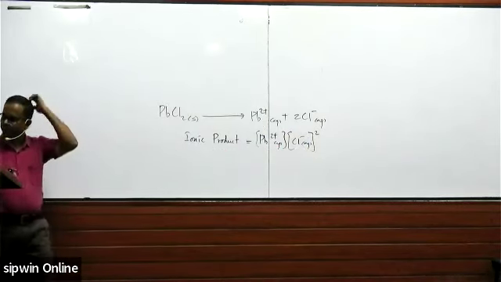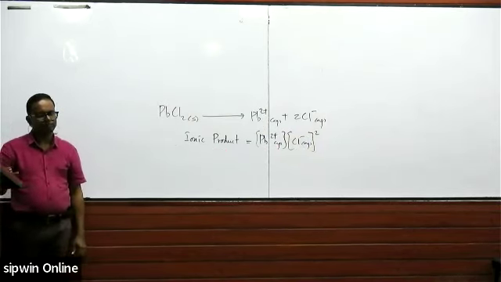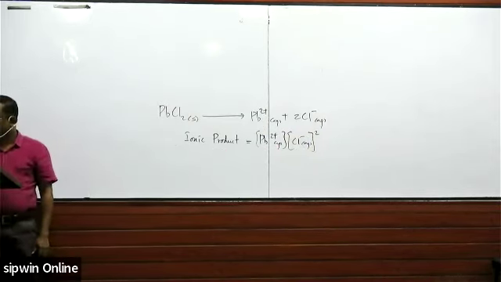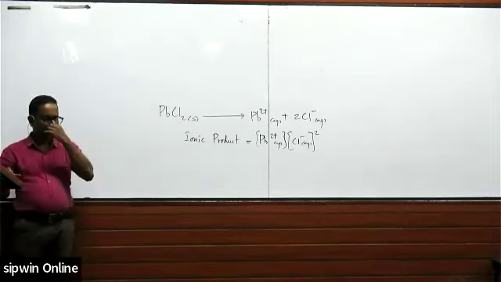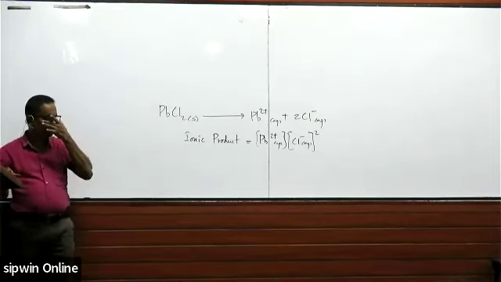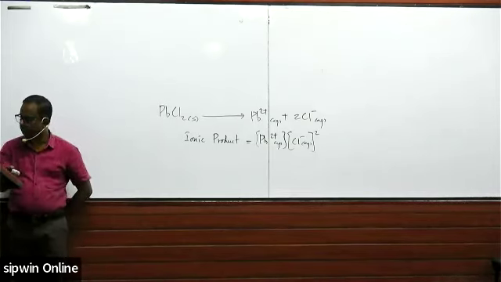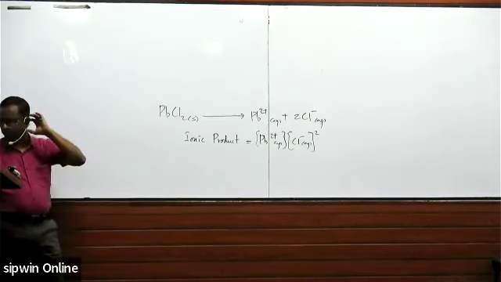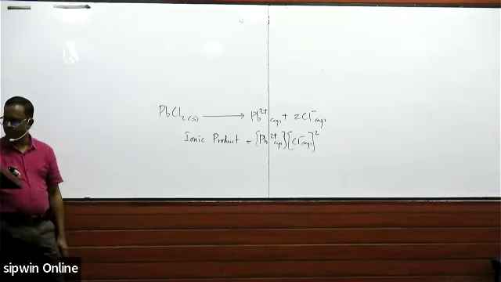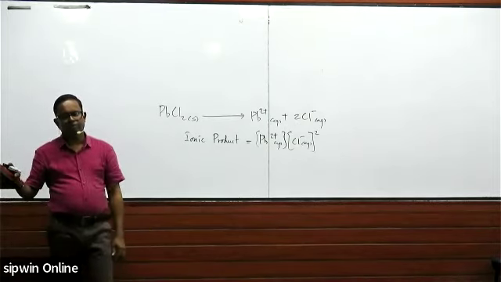Then write the ionic product gradually increases when we increase the amount of that electrolyte dissolved in water.